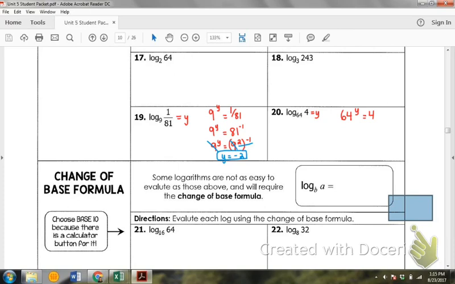So we want to change 64 to be a base. Let's see if we can make it a base of 4. Daniel says yes. Daniel, what is it? 4 cubed. 4 to the 3rd power. I still have my y out there.